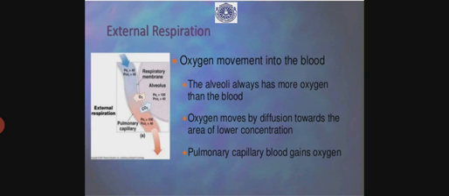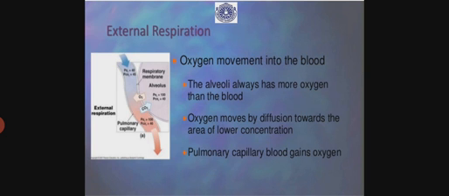It is the oxygen movement into the blood. The alveoli always have more oxygen than the blood, and the oxygen moves by diffusion towards the area of lower concentration, and pulmonary capillary blood gains oxygen.